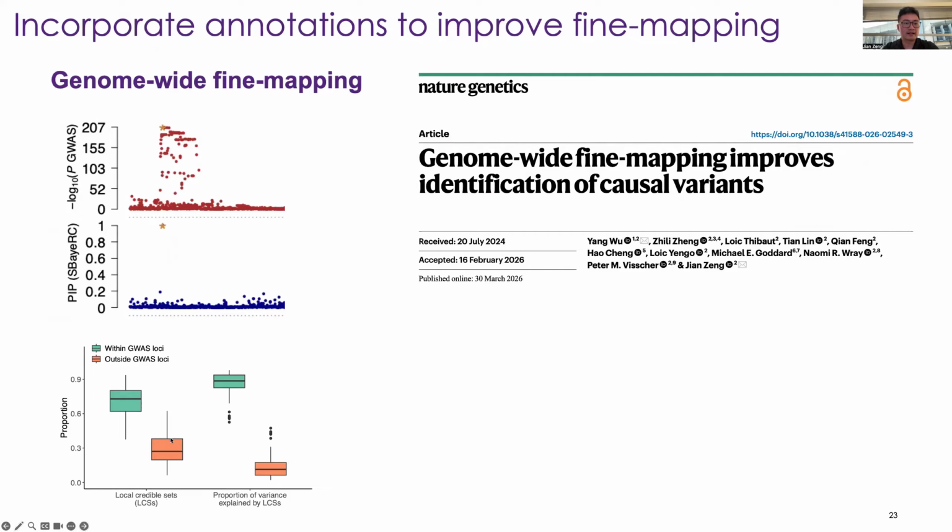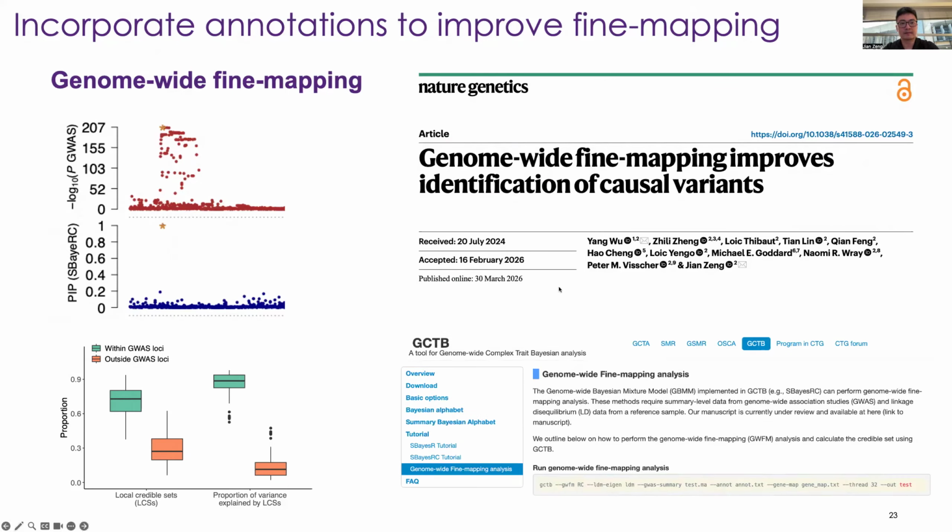And these credible sets can capture, on average, 15% of the heritability captured by fine-mapping. So this is not trivial. And also, genome-wide fine-mapping can benefit from incorporating functional annotations. So we provide the GCTB software which implements SBayesRC for both prediction and fine-mapping.